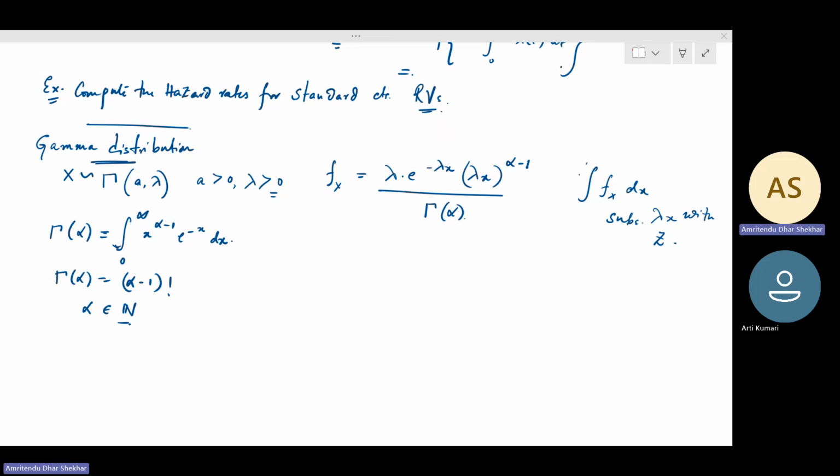Now the gamma distribution occurs quite often in practice.